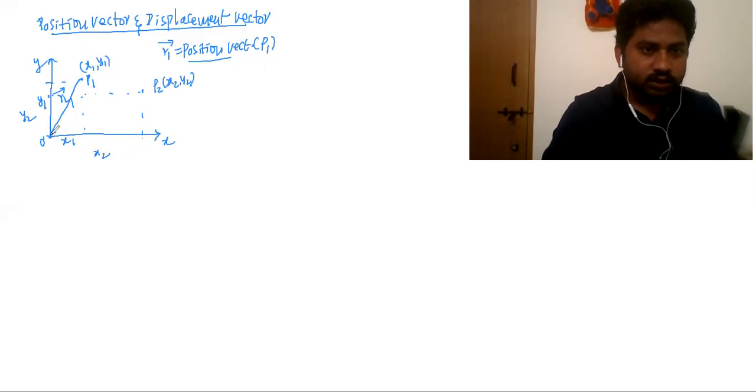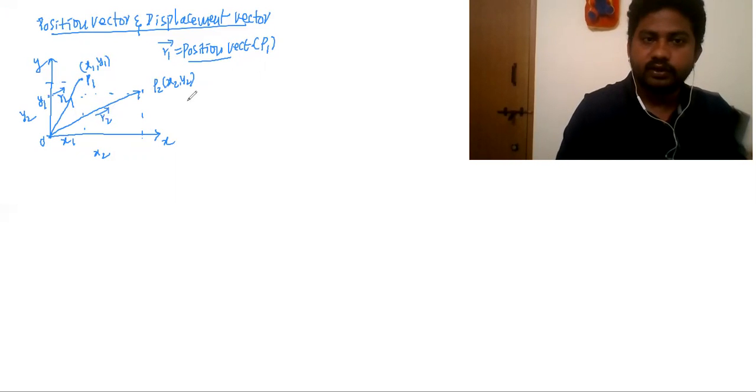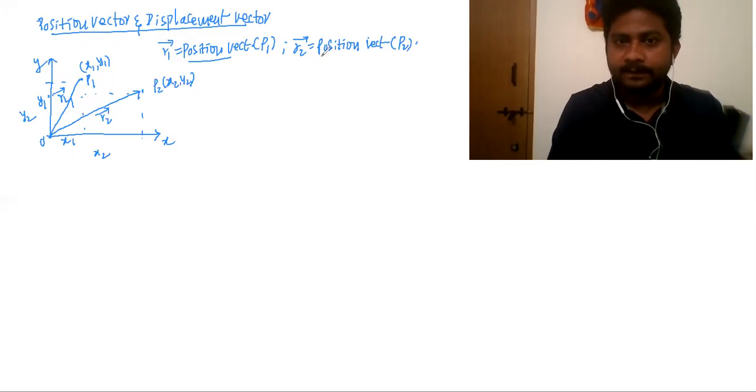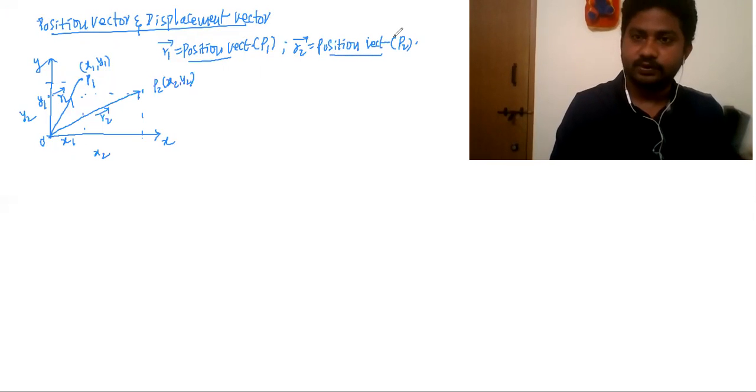So this position is represented by the vector called R2 bar. R2 bar is the position vector representing the position of the second particle, or the same particle moved from P1 to P2, remember. This is the first position and this is the second position.